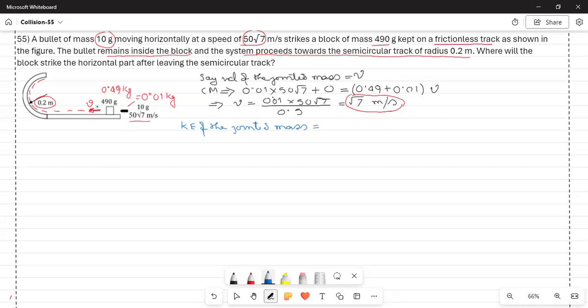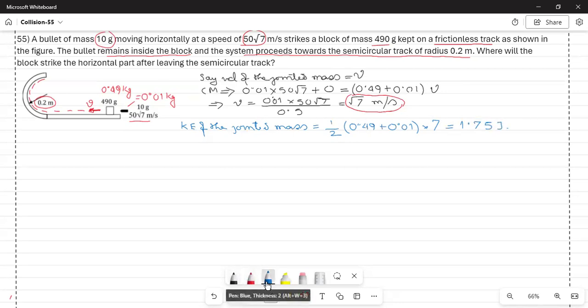Because with this kinetic energy, it will start rising the semicircular track. It equals half into 0.49 plus 0.01, this is half m, and v square is 49. If you calculate this, it is 1.75 joule.